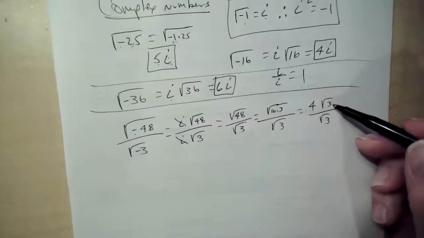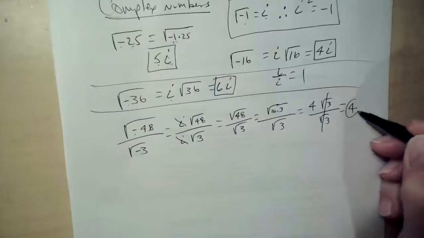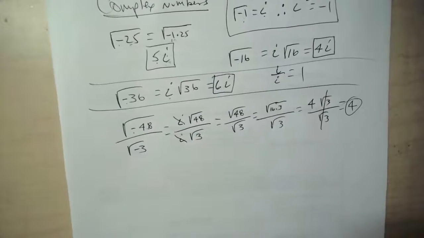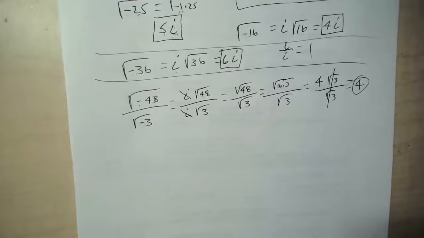Square root of 16 is 4 times the square root of 3 over square root of 3. Square root of 3 divided by the square root of 3 is 1, so our answer there is 4. Right? Right.